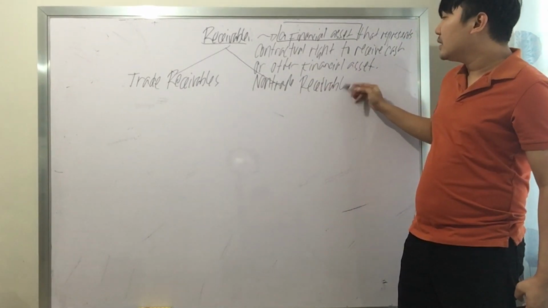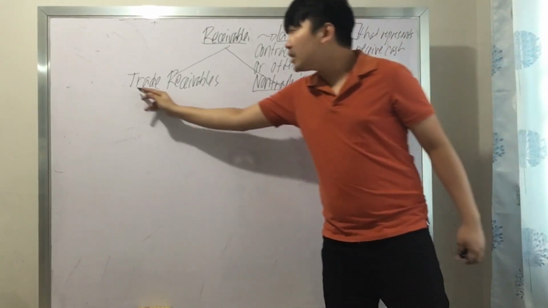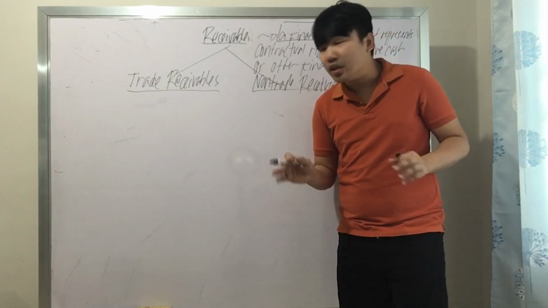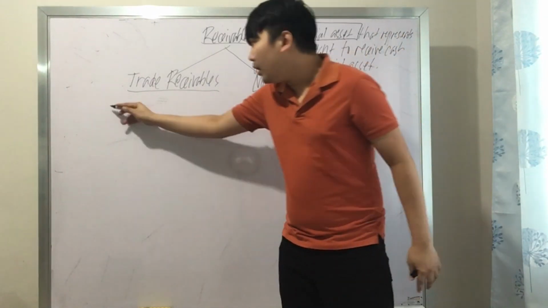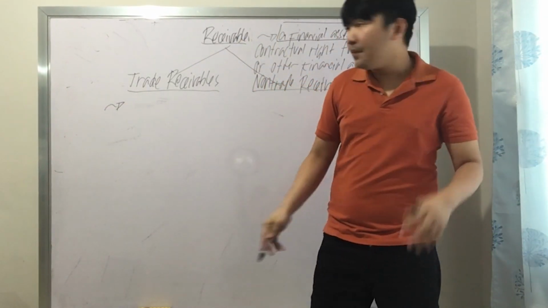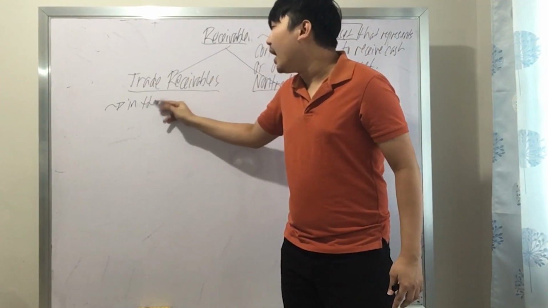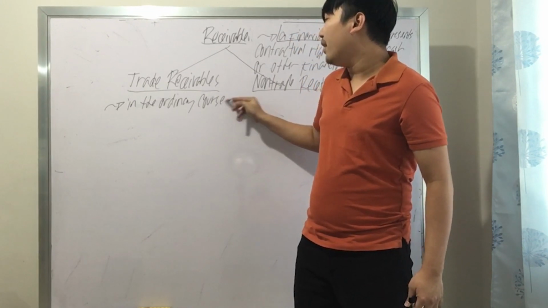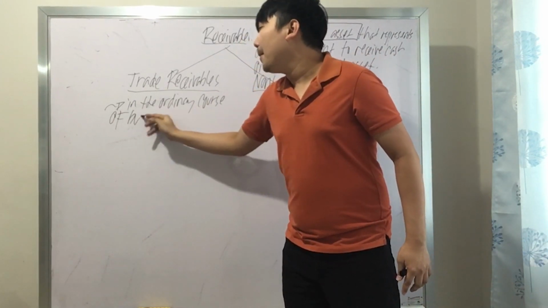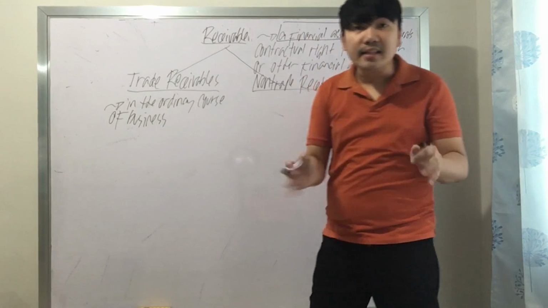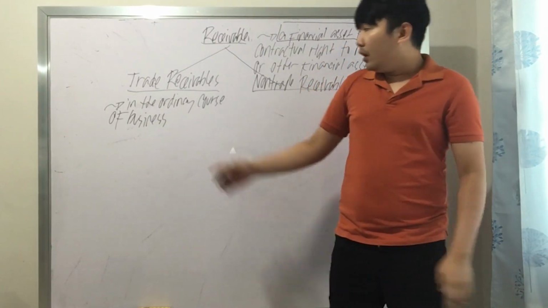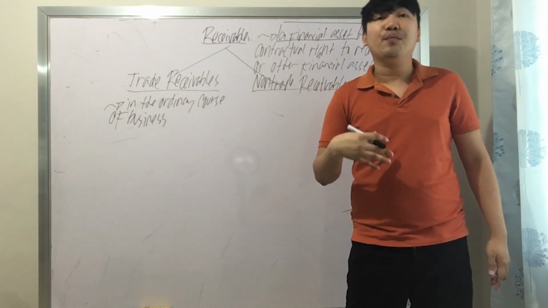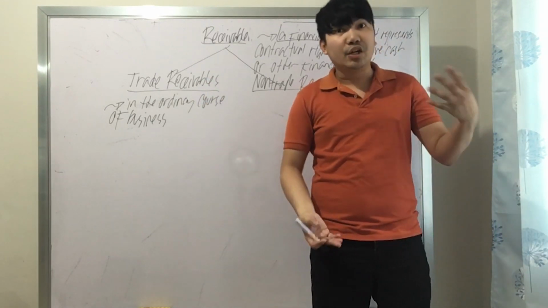Now, class, what is the difference between the two? When we say trade receivables, these are claims that arise in the ordinary course of business. Ibig sabihin, you have recorded these trade receivables because of the sale of goods and services.